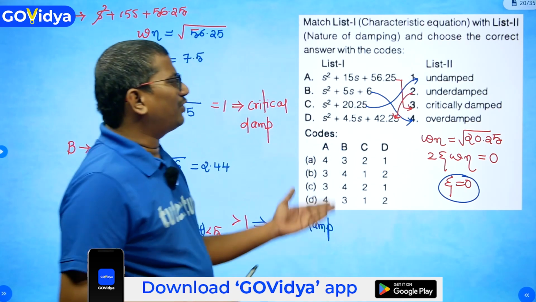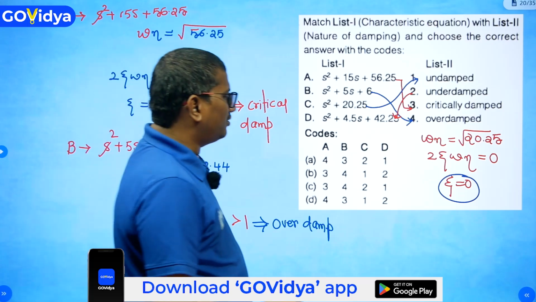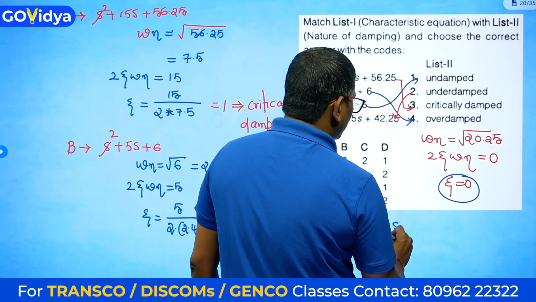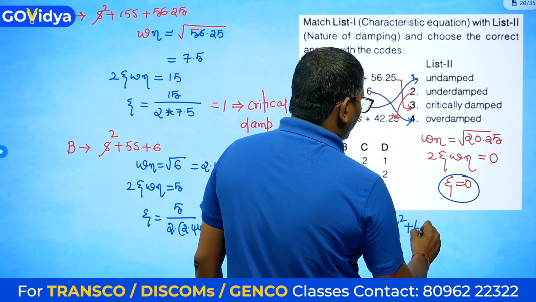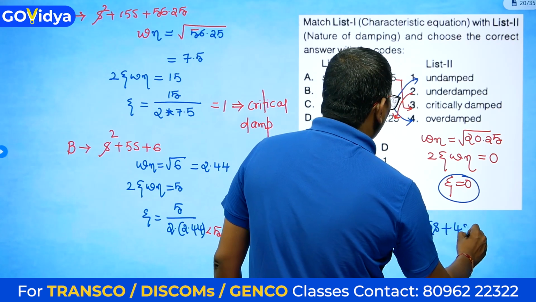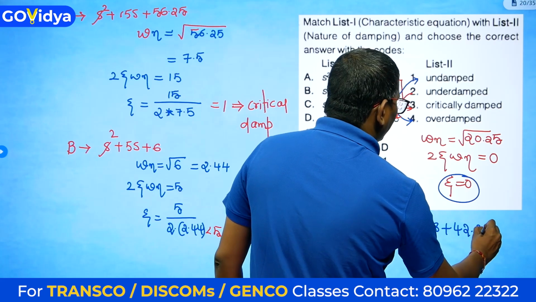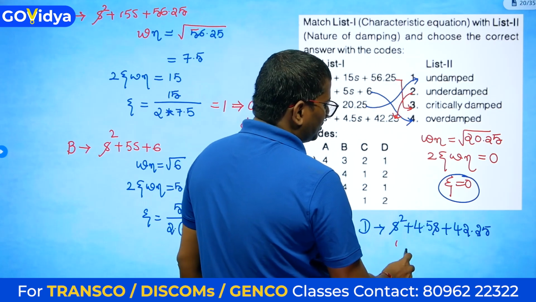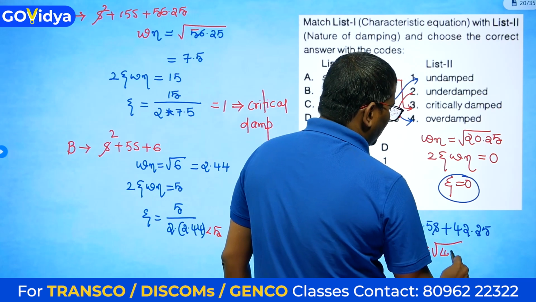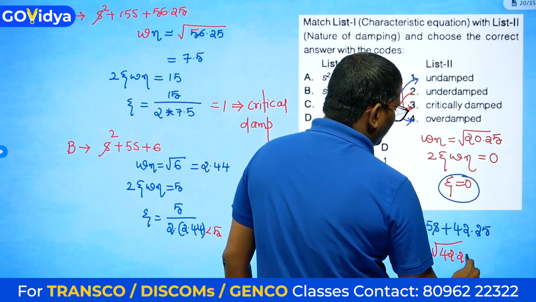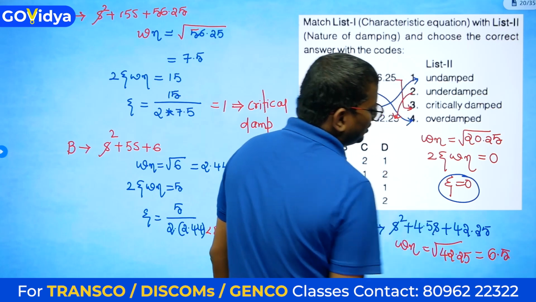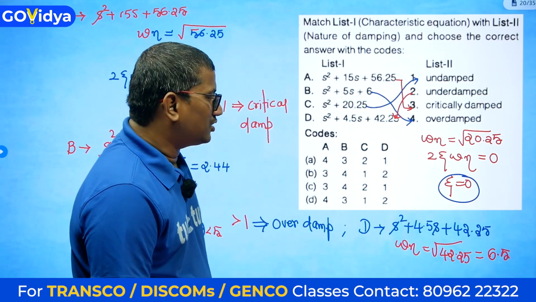Okay. So it means 42.25 ka omega n, you see no problem. D equals what? S square plus 4.5s plus 42.25. So what is omega n from this? Root of 42.25, which is nothing but 6.5.